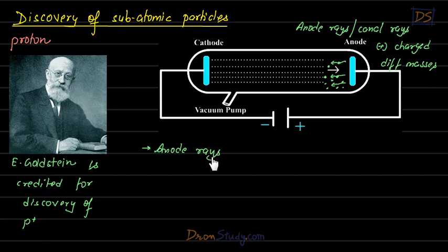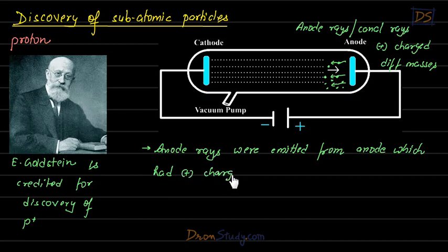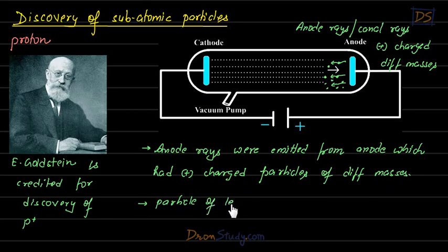Anode rays were emitted from anode which had positively charged particles of different masses.